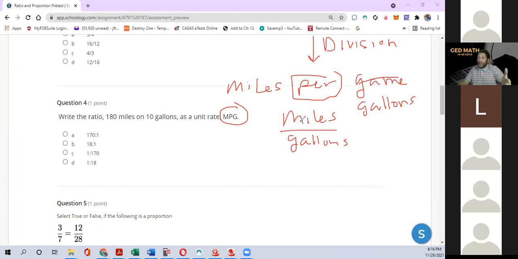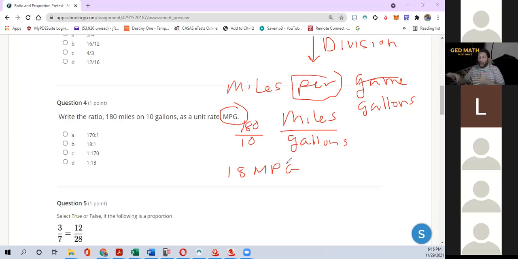Miles per gallon. So miles, 180. Look, it's setting it up for us. 180 divided by 10. We know dividing by 10 is just moving the decimal one place to the left. So that's 18 miles per gallon. So that means I can drive 18 miles on 1 gallon. That is what's called unit rate. How much does one cost?